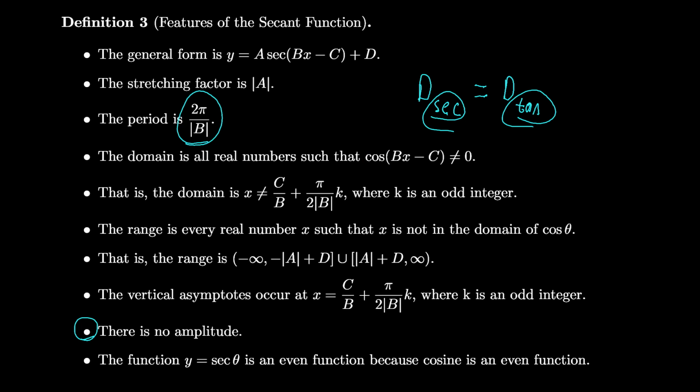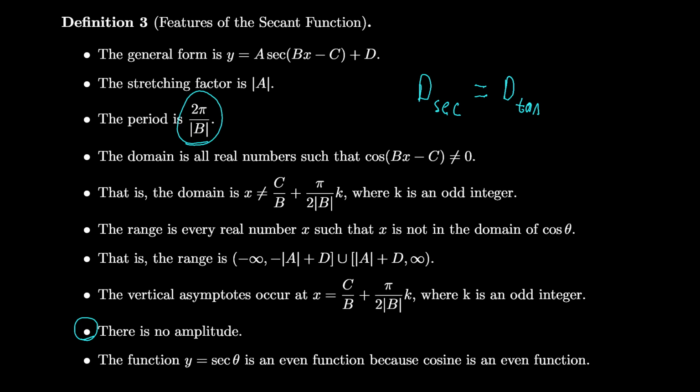The same thing for cosecant and cotangent with sine in the bottom. So they have the same domains because they break in the same place and they have asymptotes in the same place. And wow, math sure does have a lot of patterns, doesn't it?